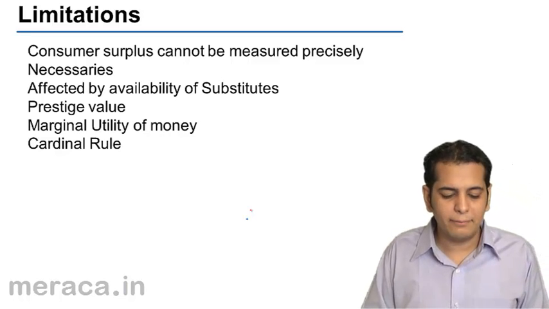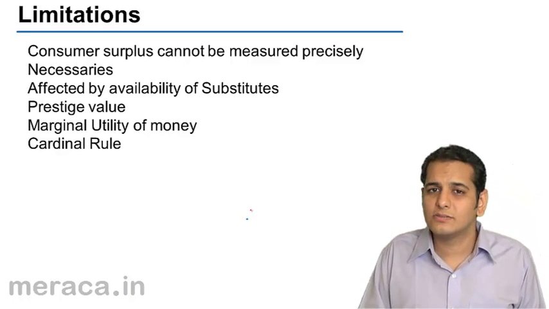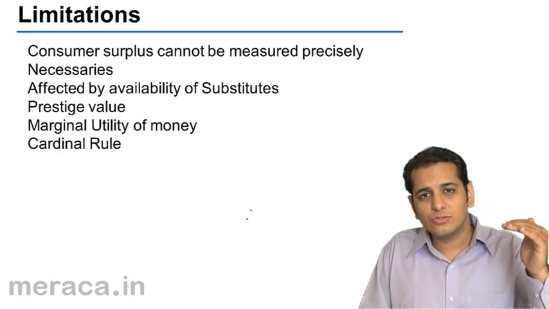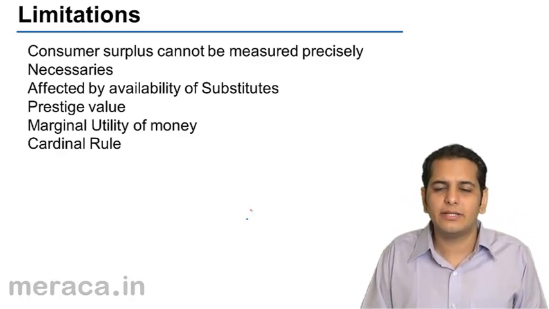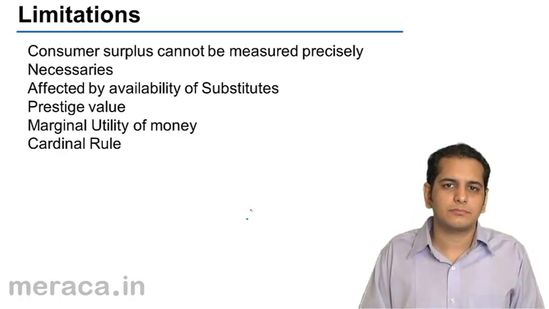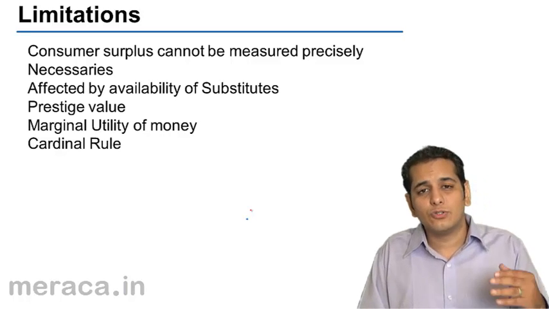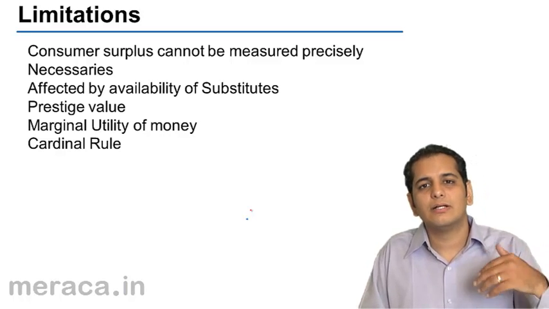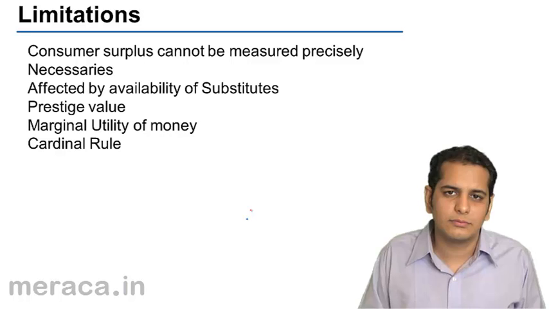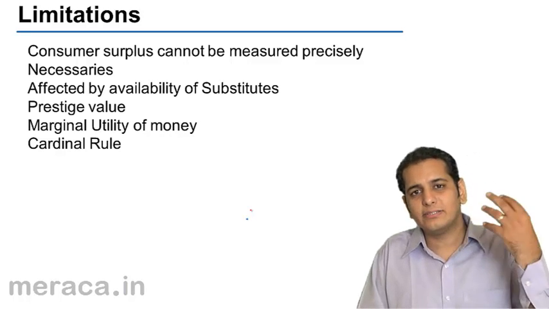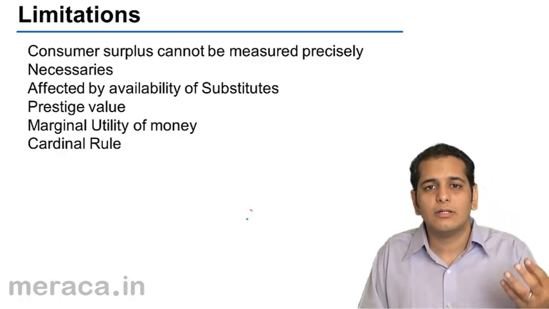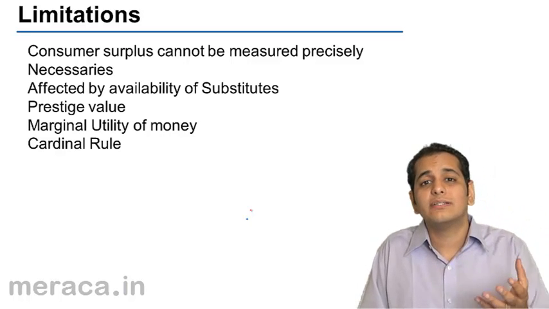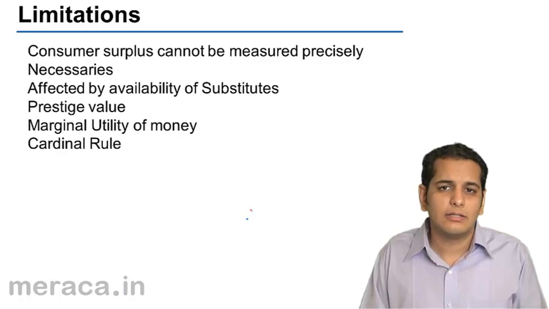It does not apply in case of necessaries. Our marginal utility does not go on diminishing in case of necessaries. It's not that if the price of a necessary falls, we'll consume more of it. Likewise, if the price remains constant, our consumption also remains constant because they are necessary for our survival.